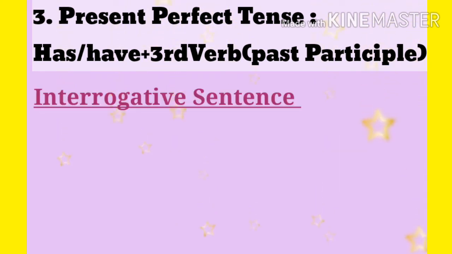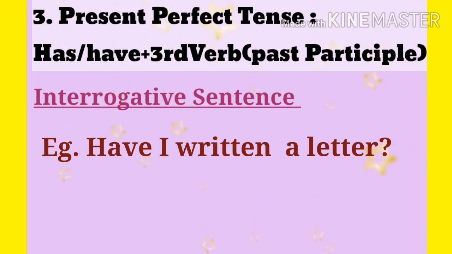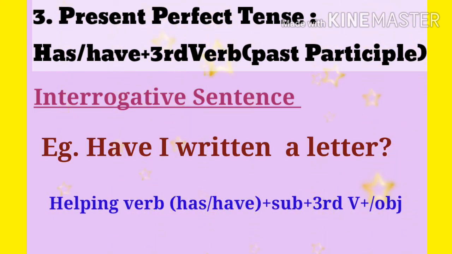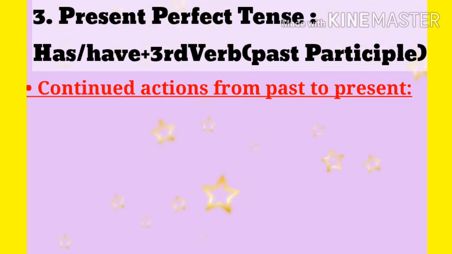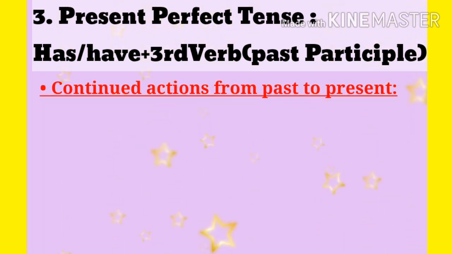For interrogative, example is, have I written a letter, and the structure is helping verb plus subject plus third verb, written, and object.